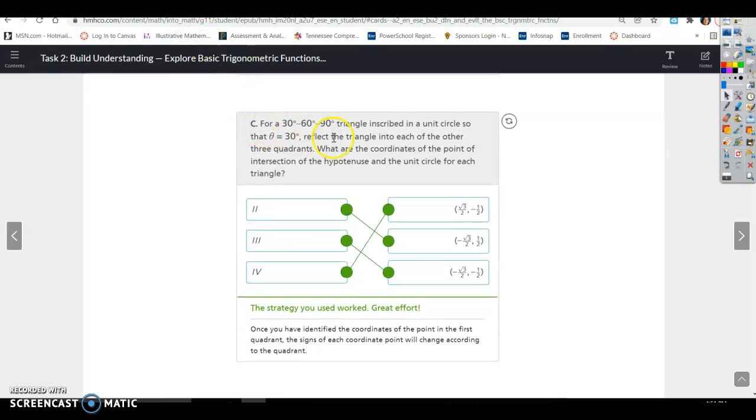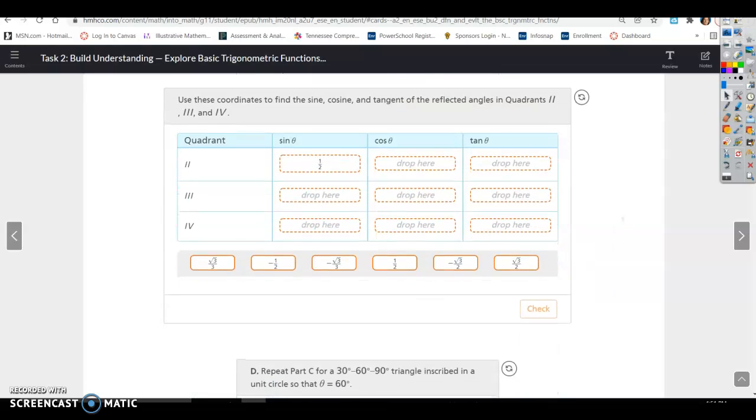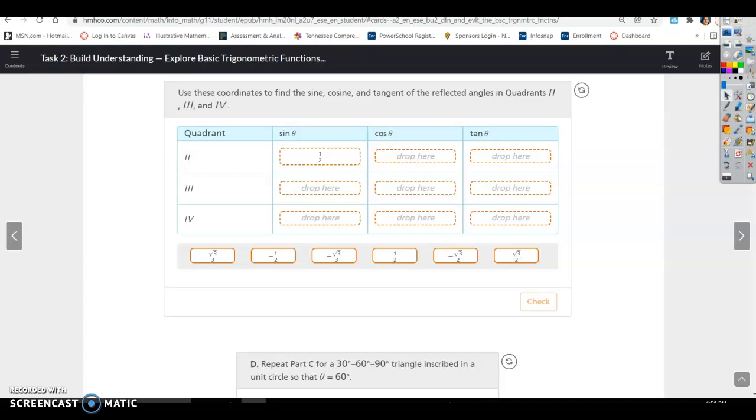We're looking at a 30, 60, 90 triangle. For a 30, 60, 90 triangle, we know our side lengths are 1/2 and square root of 3 over 2. So remember, sine is opposite over hypotenuse, and cosine is adjacent over hypotenuse.